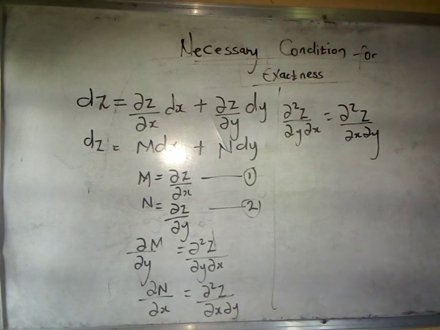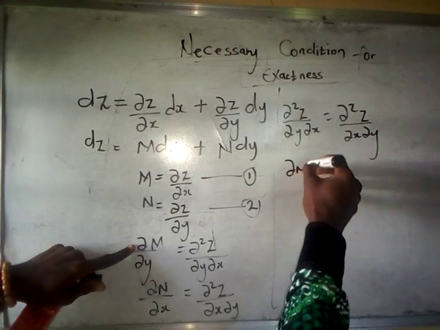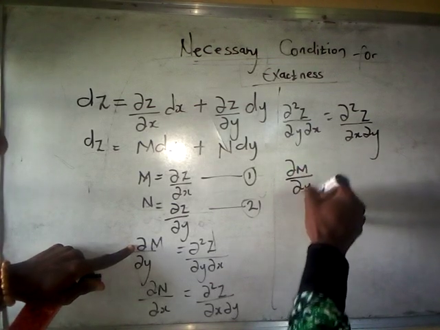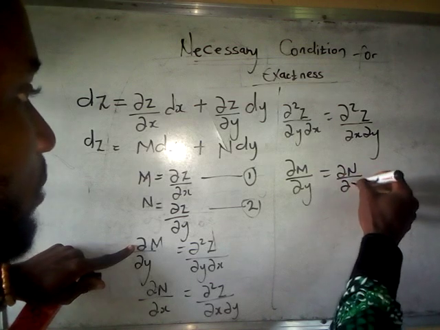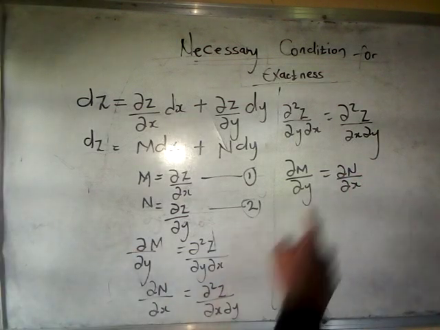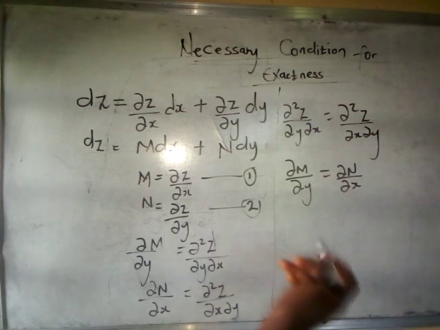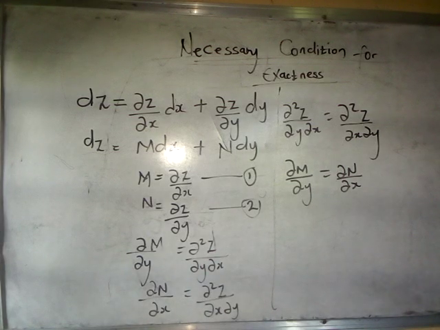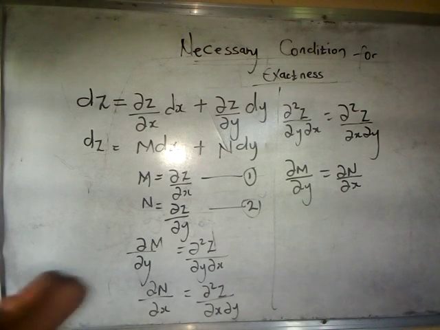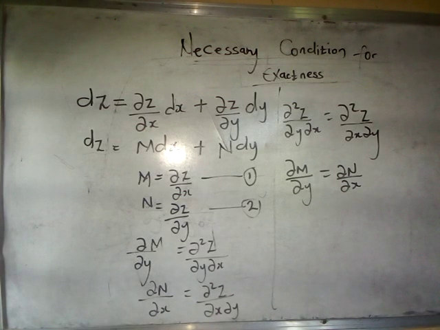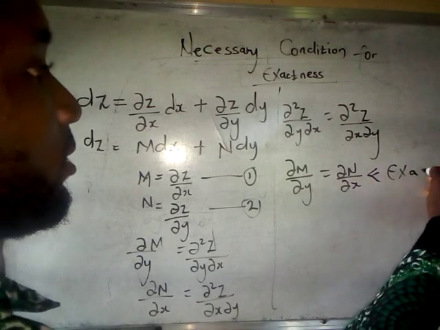That is the same way the partial derivative of M with respect to y is equal to the partial derivative of N with respect to x. Remember that this was this and this is this. So now, if at the end of the differentiation this one is equal to this, that means that the equation is exact.